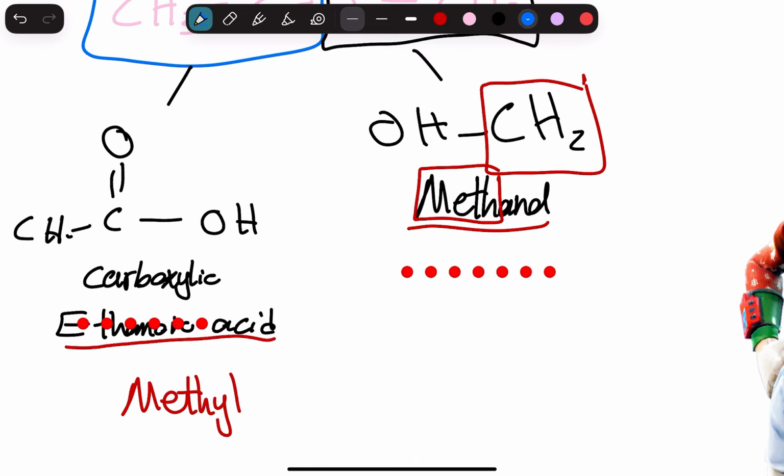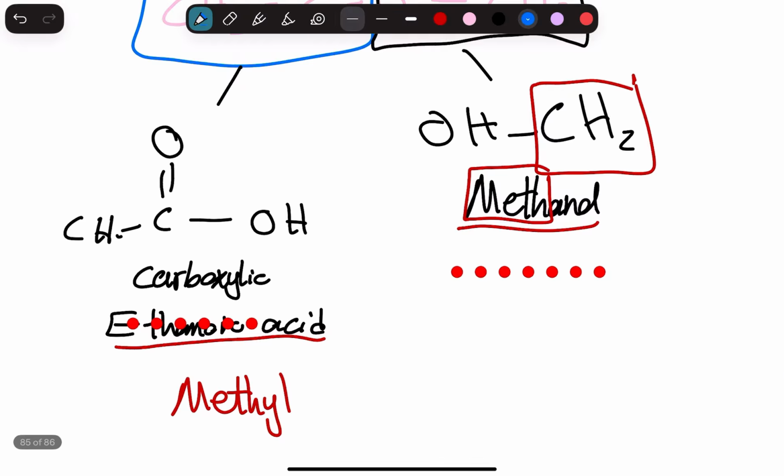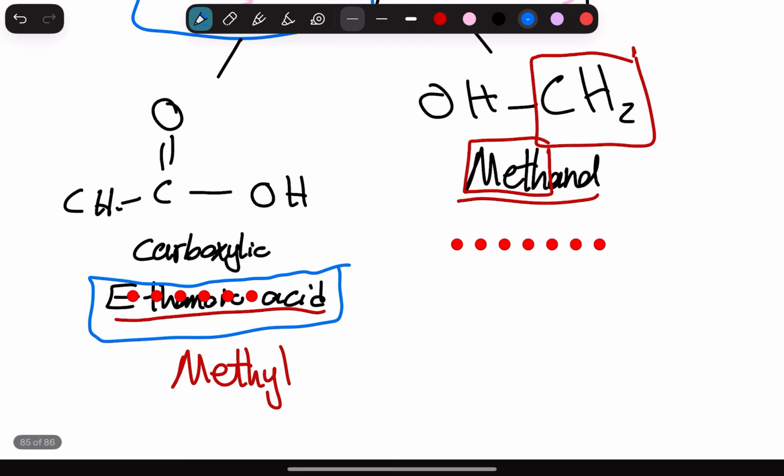The second word is the carboxylate name of the carboxylic acid. So carboxylate is what we would consider this one. So it would just be, let's do blue, ethanoate.